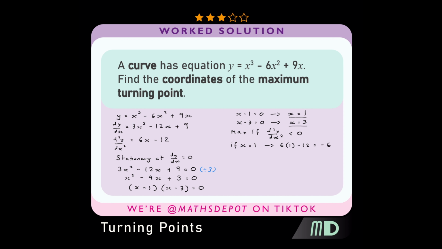And if x is equal to 3, then 6 multiplied by 3 minus 12 is equal to 6. That means the turning point with an x-coordinate of 1 is a maximum point, and the turning point with an x-coordinate of 3 is a minimum point.